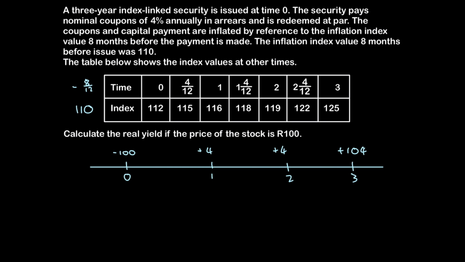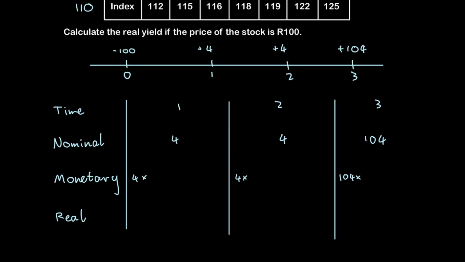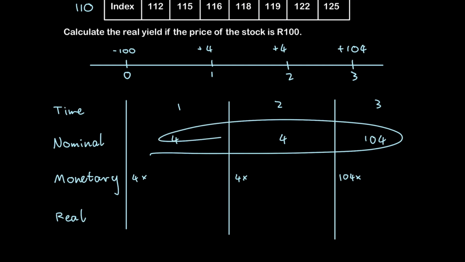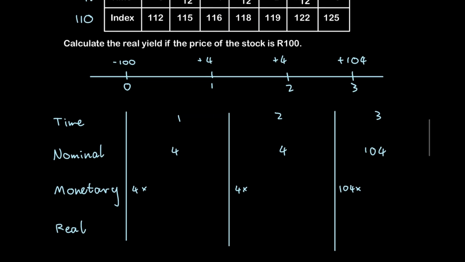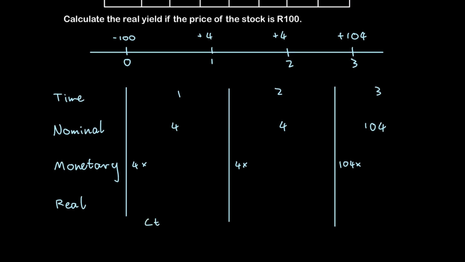Okay, so let's actually draw a table. I'll draw it up quickly and then I'll get to the rest. Okay, so I've inserted the nominal values and now I'm going to calculate the monetary values. So monetary values, as you should remember, is capital C_t equal to lowercase c_t, the nominal value, times Q of t minus lag over Q of naught minus lag.